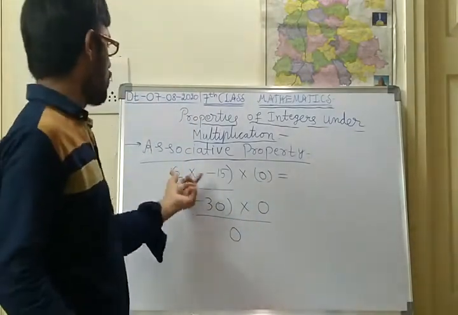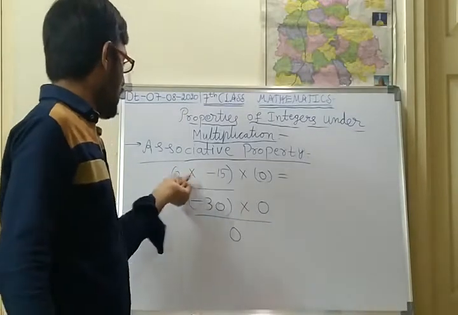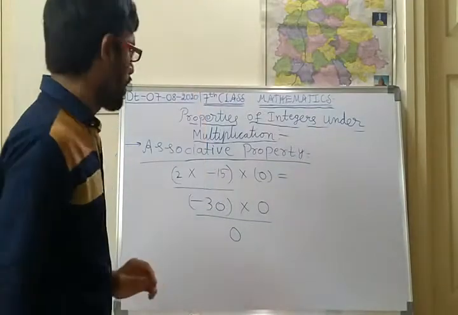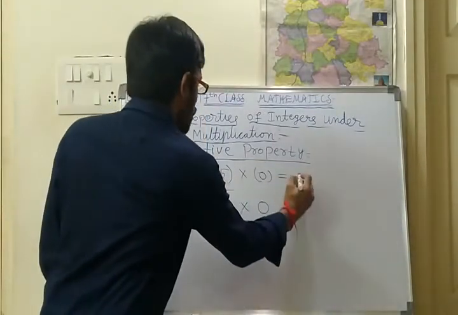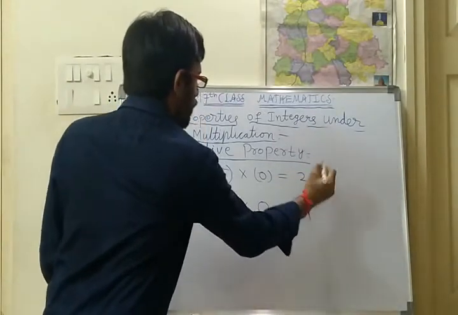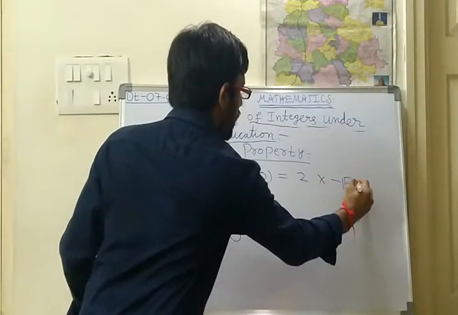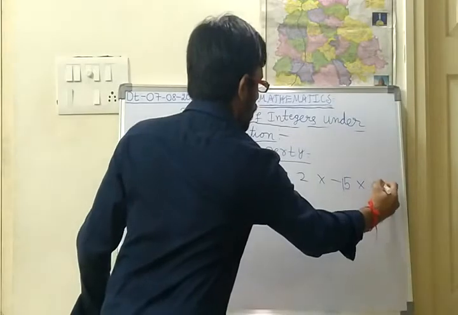Now we have to exchange the brackets to the second and third integers: 2 into (minus 15 into 0).